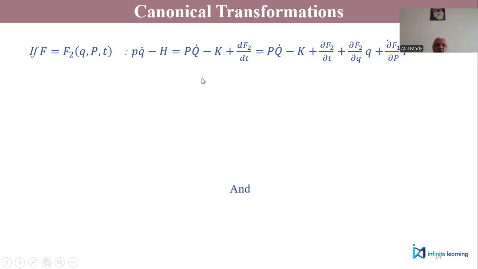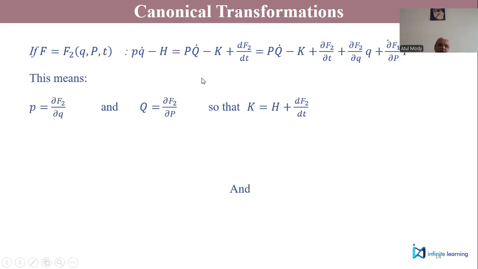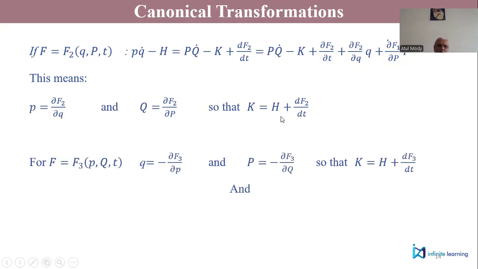And of course, matching the coefficients, you will get these equations. The old momentum is dou F2 by dou old coordinate q, and new coordinate is dou F2 by dou new momentum. All right. And of course, the Hamiltonian relation is the standard one as usual.